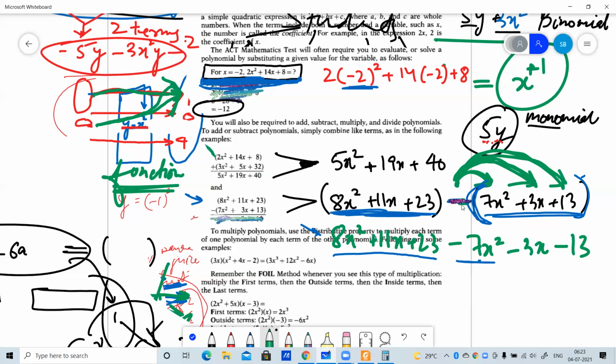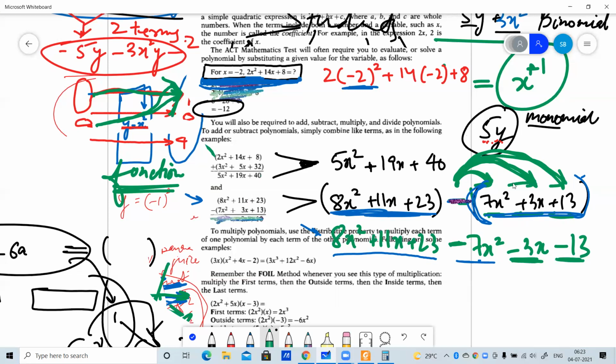Actually, this negative is negative times 1, because you're subtracting. Subtracting means the sign will be changed. Positive 7x squared will become negative 7x squared. Positive 3x will become negative 3x. Positive 13 will become negative 13.